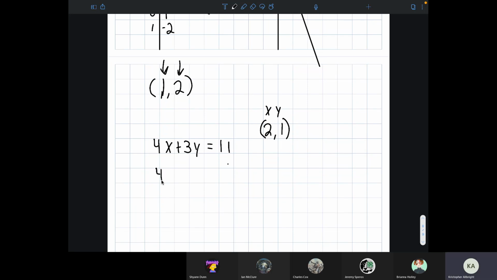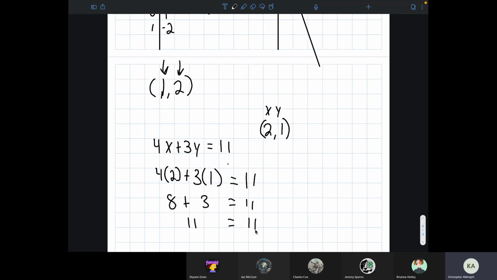So 4 times 2 plus 3 times 1 equals 11. So we multiply this out, and we're going to get 8 plus 3 equals 11, or 11 equals 11. So that is definitely true. So we can say, yes, in fact, this does work.